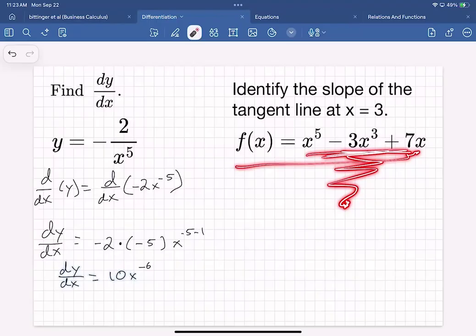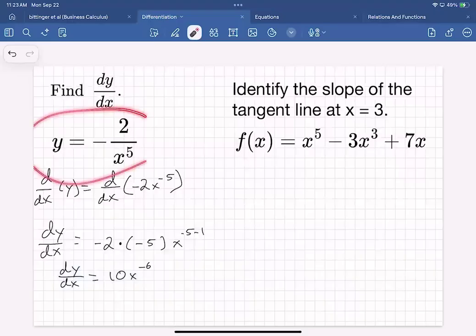It'd be 0. If I plug in 1, how many values will I get back after I simplify? A single number, right? Does everyone understand that? Function notation means that for each input, I will get exactly 1 output, right? There are 3 terms, I don't disagree with that, but then you would have to do the subtraction and addition, and it'll give you a single number back.